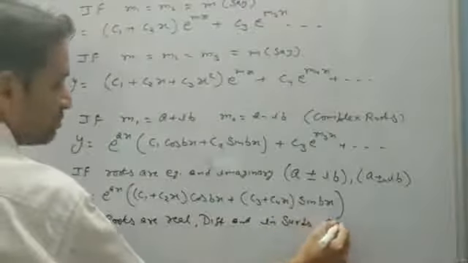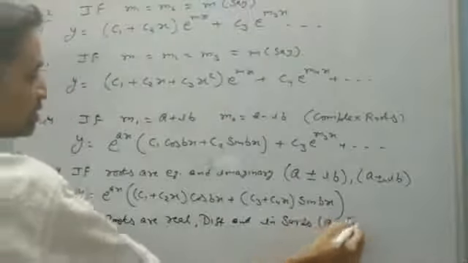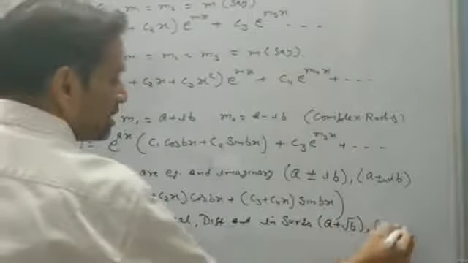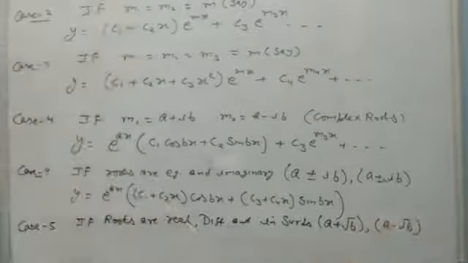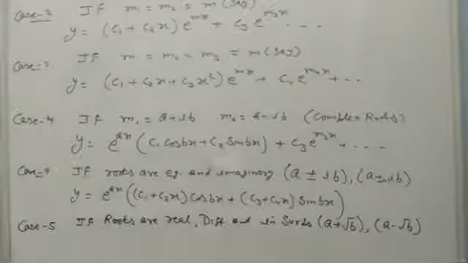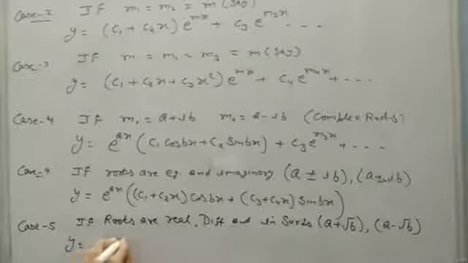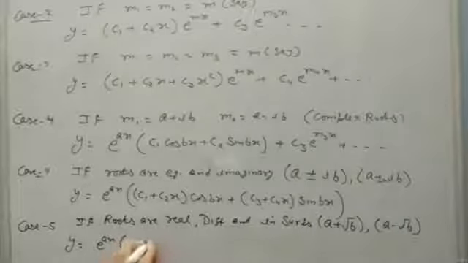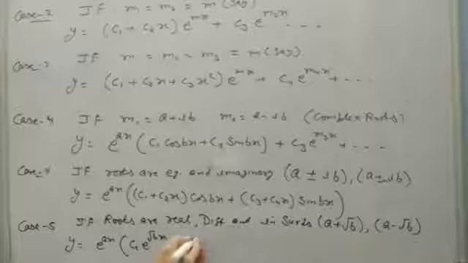It means a plus root b and a minus root b. Now there is no imaginary root, but the roots are in square root form. Then the solution will be y equals e to the power ax times c1 e to the power root b x plus c2 e to the power minus root b x.